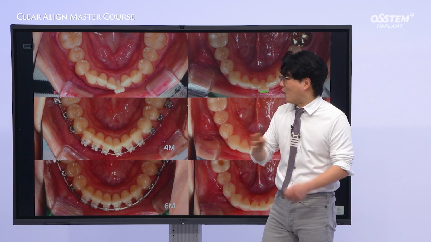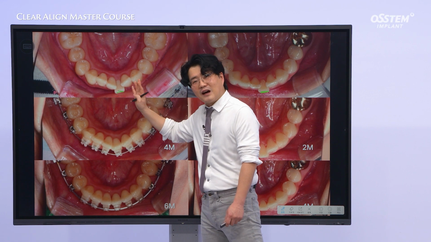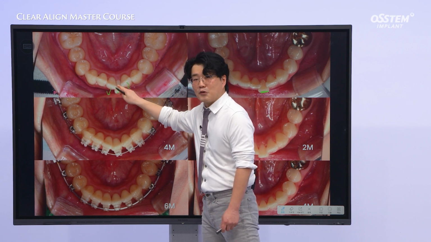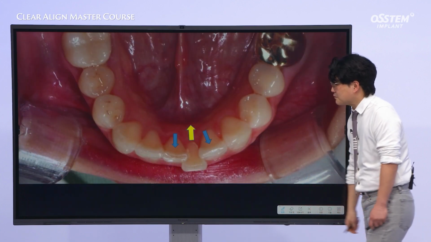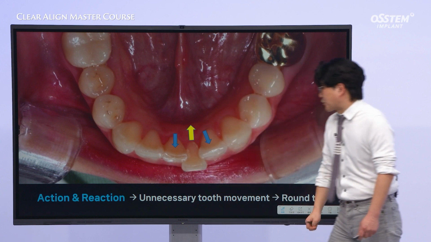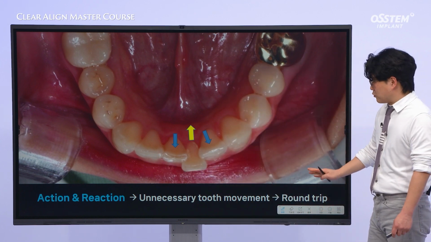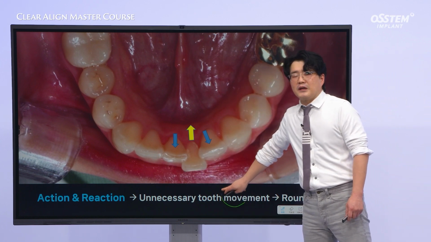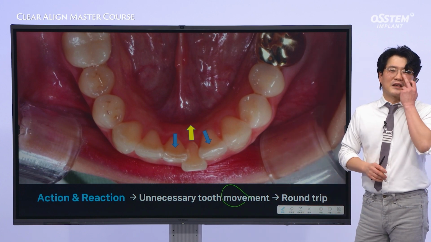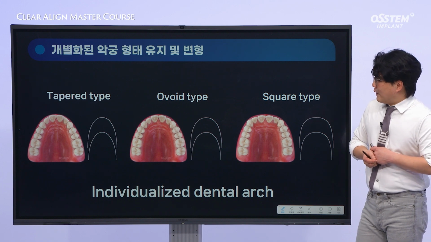It is not like we cannot use braces for this case, but rather we do need to be more attentive. These teeth may come out while we are trying to push this tooth in. So, because of this action-reaction during tooth movement, unexpected tooth movements can occur, and it can cause a round trip. That, in turn, puts additional stress on the periodontium.